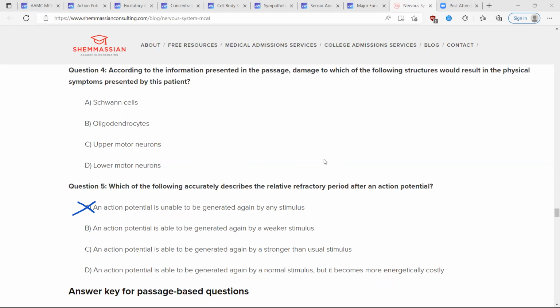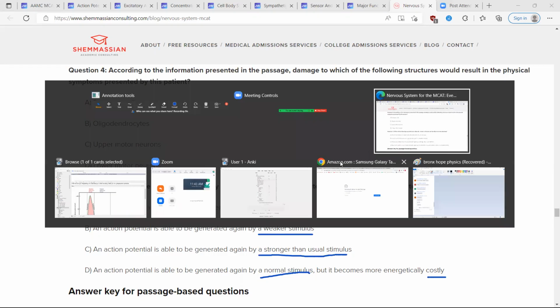This is something that we have to piece together now. It's either by a weaker stimulus, or by a stronger than usual stimulus, or by a normal stimulus that's more costly, right? Okay, so we have three pretty common sense options: weaker, stronger, or normal.